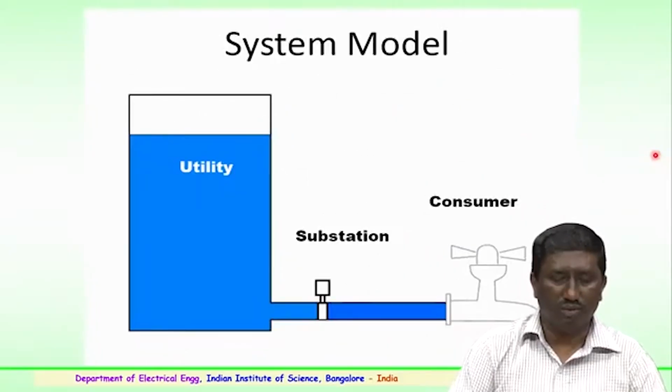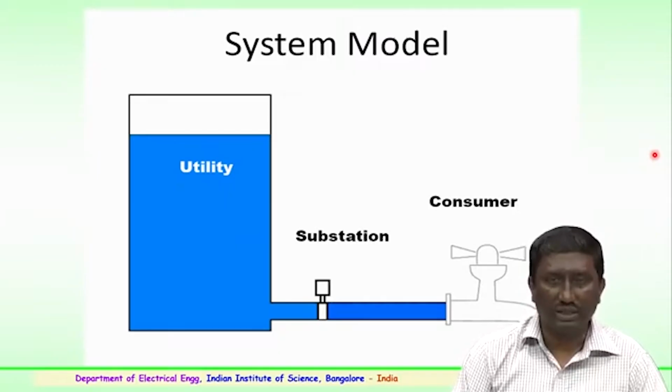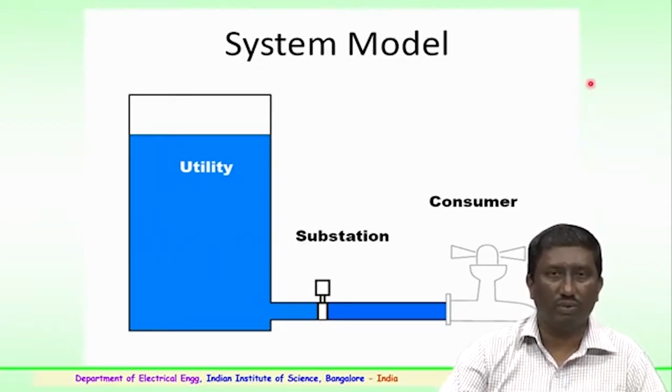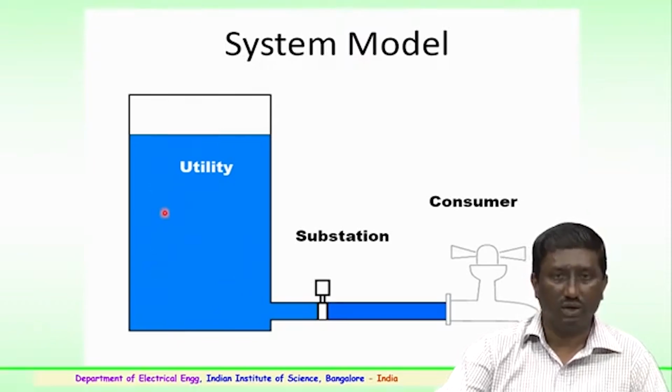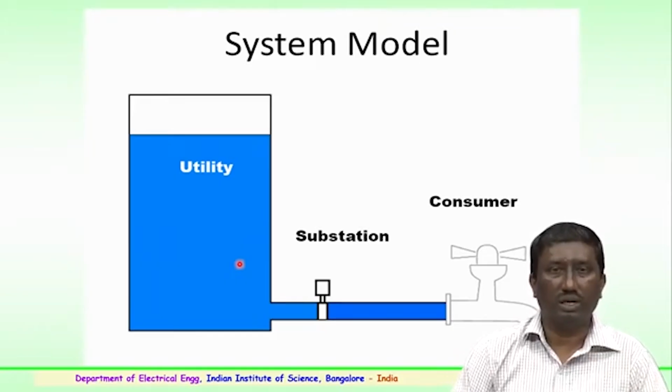So, when we look at the system model, we have utilities who are controlling the entire network of operations. The main transmission utility, from the generating to the transmission, you could think of as the main entity which is supplying the power.